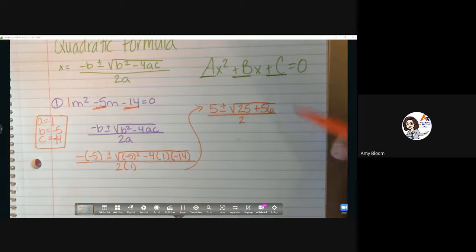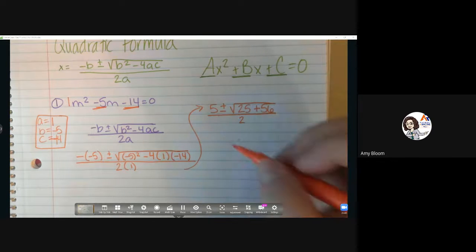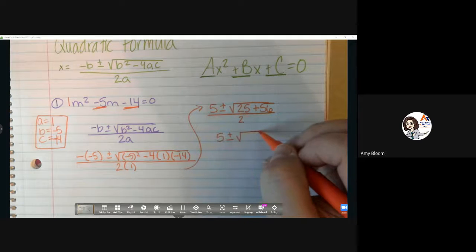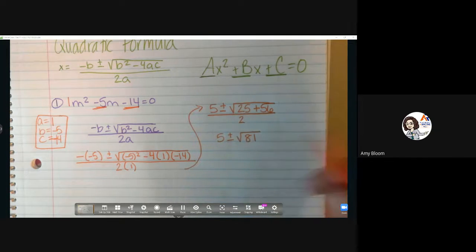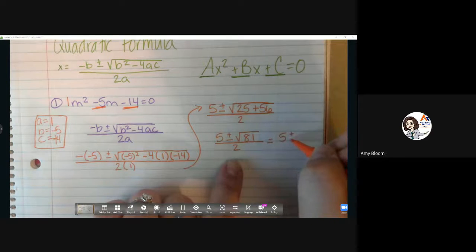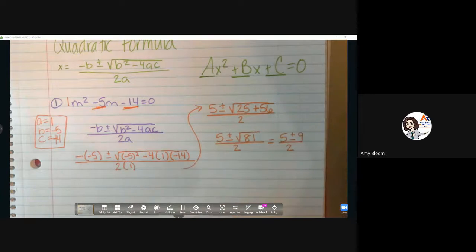Now we're going to simplify what's under that radical. So we have 5 plus or minus the square root of 81, over 2. The square root of 81, as we know, is 9. So that's 5 plus or minus 9 over 2.